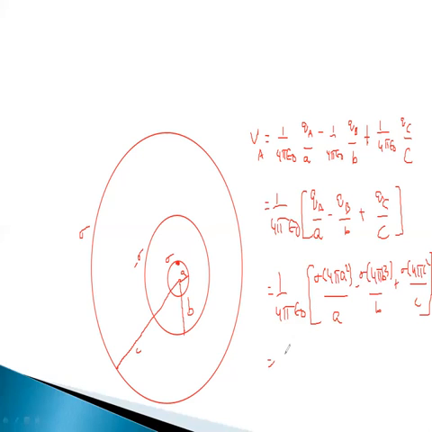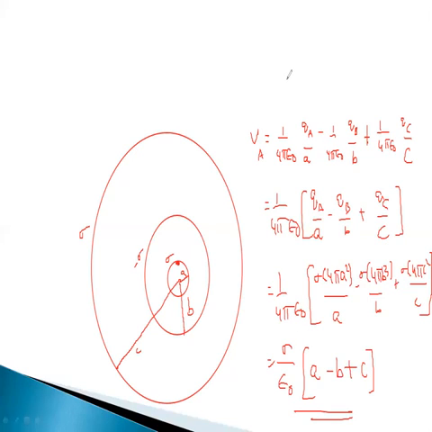Sigma is also common here. So finally sigma by epsilon naught into, A and A will get cancelled, A minus B plus C. Okay. So this is the potential at point A. And now we can calculate the potential at point B.